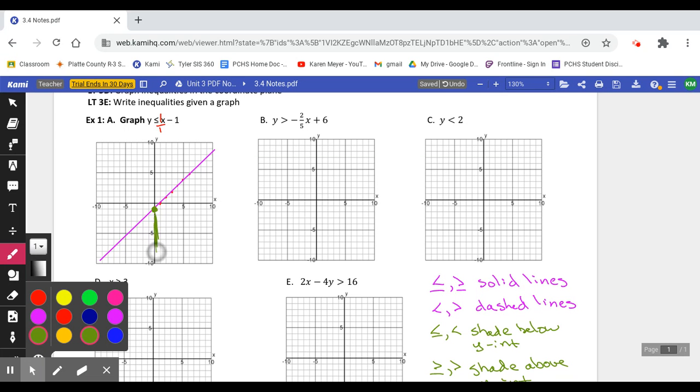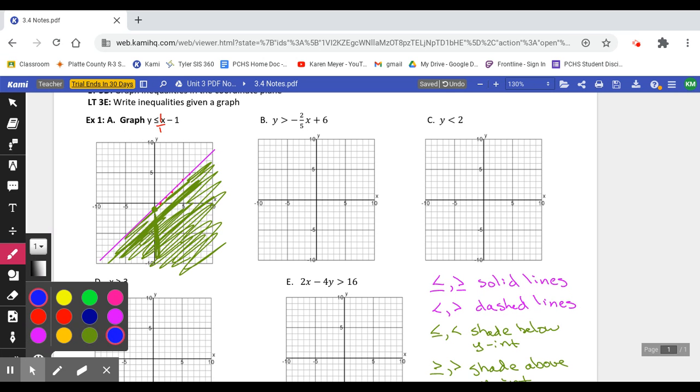So if I want to shade below the y-intercept, then that would be everything that is below the line. Because it says less than, you find the y-intercept and you shade below, because you're wanting to shade all of the y numbers that are smaller than -1.